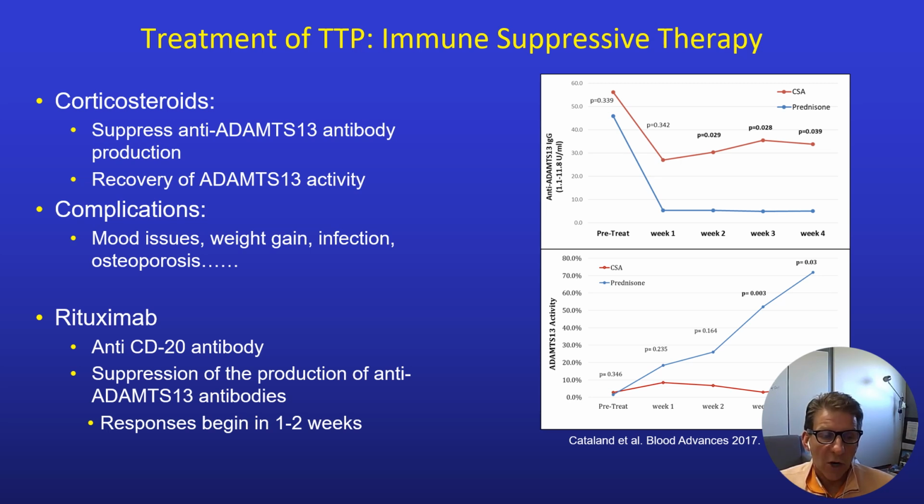Rituximab does this as a monoclonal antibody targeting the CD20 positive B cells. So these are the cells making antibodies. Again, a more targeted approach than prednisone, but same goal in mind: decrease the production of these anti-ADAMTS13 antibodies.